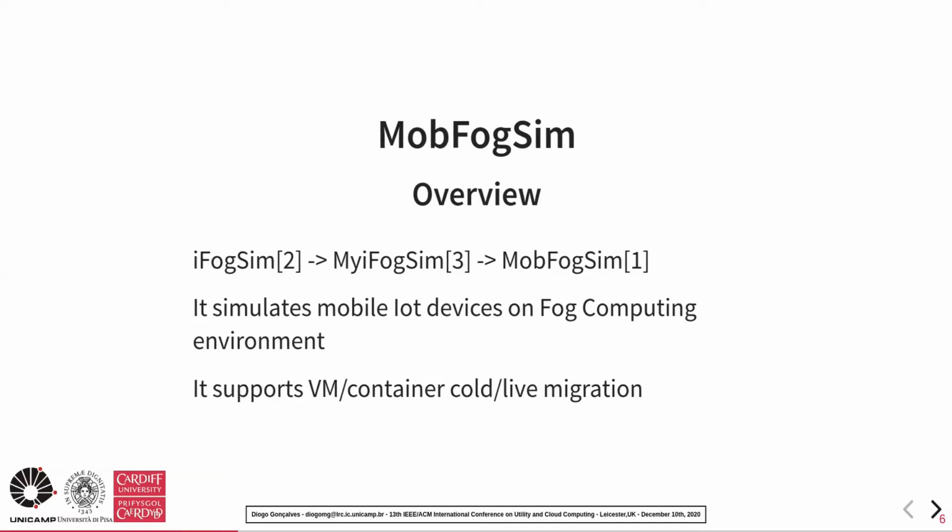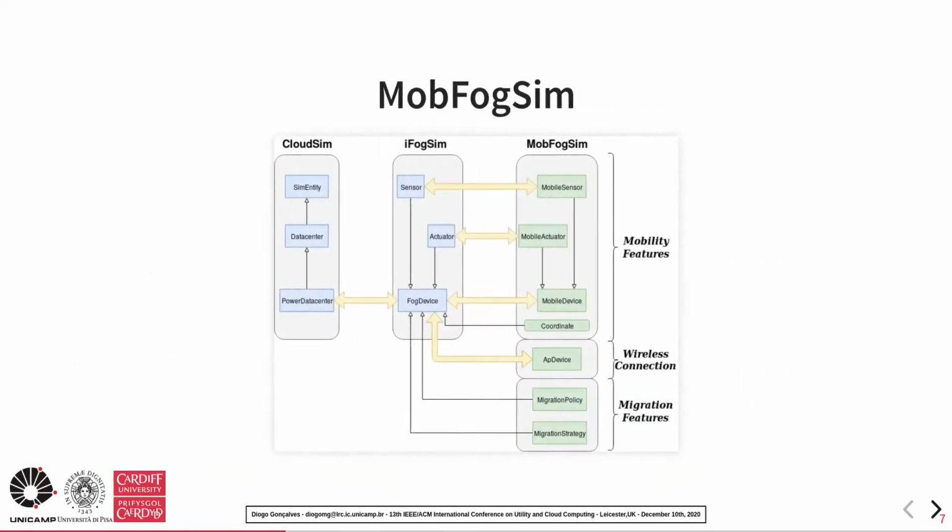Then MobFogSim evaluates the impact of the mobility of the users in the context of service migrations. Different migration techniques can be evaluated in our simulator, such as code and live migration. Some classes, mainly related to mobility and migration, were created in our simulator, and other ones were modified to reach mobility support.